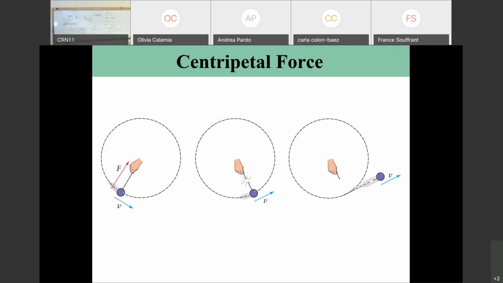All right? So an implication of Newton's first law is that a net external force must act on a body to speed it up, slow it down, or change its direction. So you can make the object move faster, slower, or change direction. Because each of these is an acceleration, right?